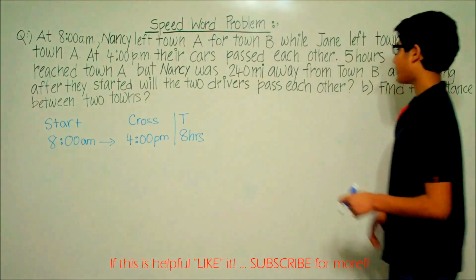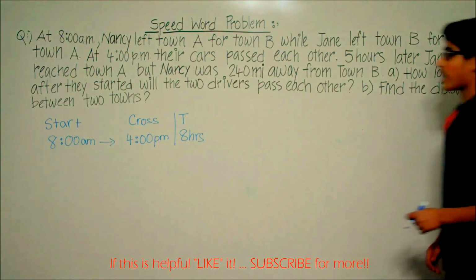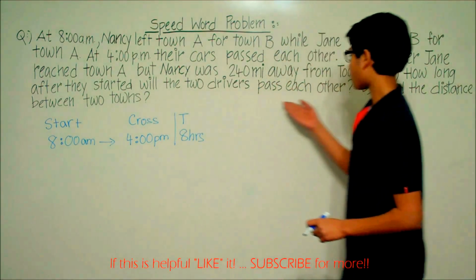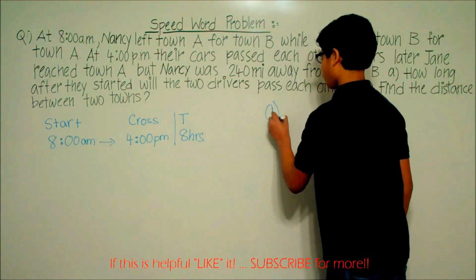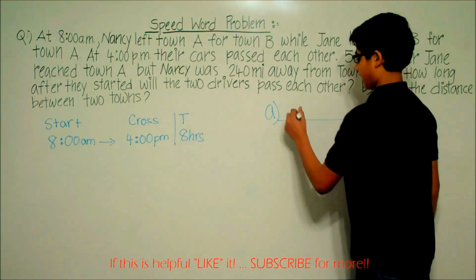So the answer to question A, which is how long after they started will the two drivers pass each other, is in 8 hours the two drivers passed each other.